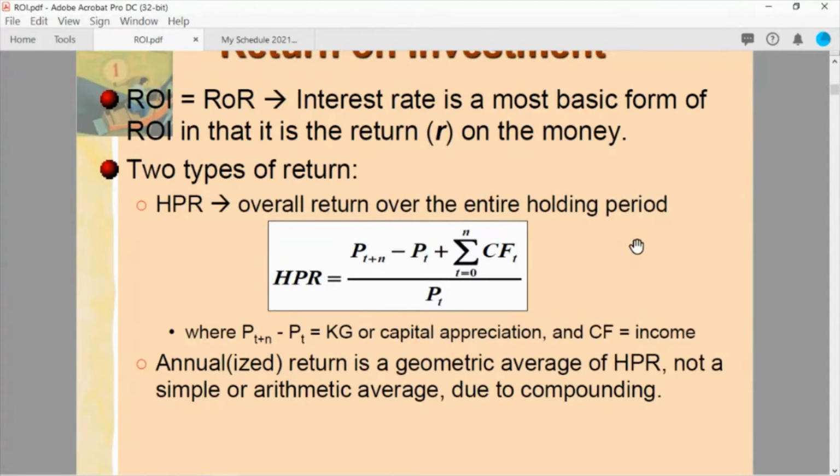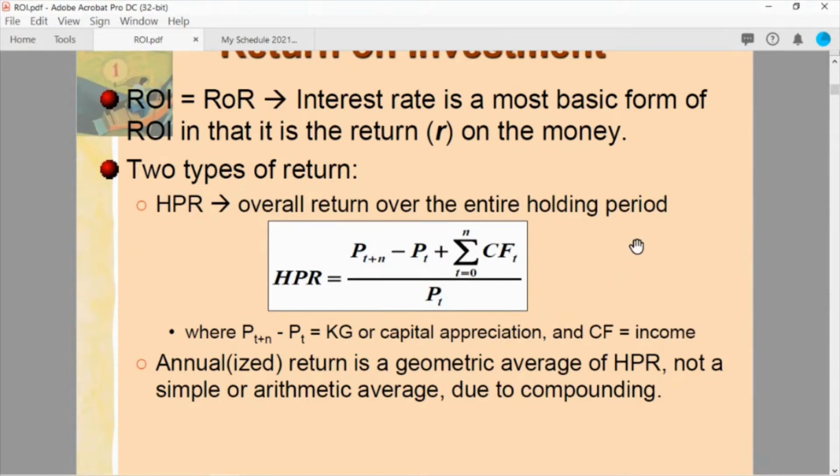And obviously, the best standardized unit for time is annual, so we need to use annualized return. And you might think, oh, if my holding period is 10 years, then all I need to do is simply divide my holding period return by 10. No, that is wrong. That is absolutely wrong, and I'm going to get to that.